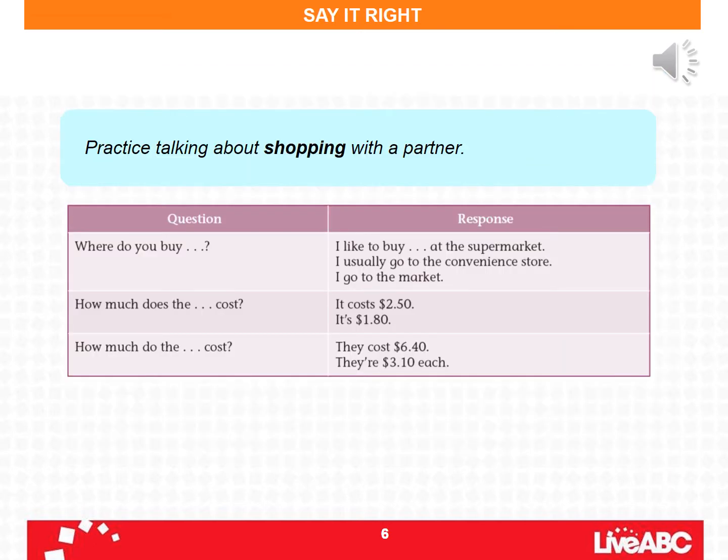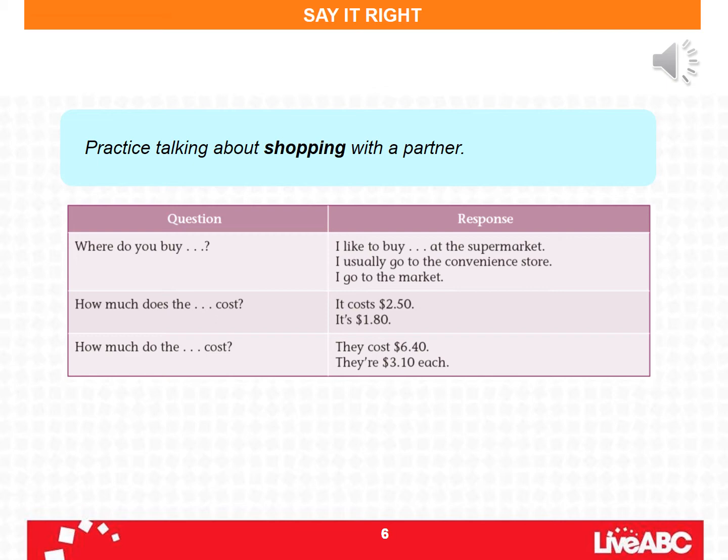Also, we have here another part of expressions that we have to practice when we are talking with another partner. For example, the questions that we have in this chart and the responses have to be according to the questions. So number 1, if we say, where do you buy cheese? You can say, I usually go to the convenience store, or you can say, I go to the market, right?